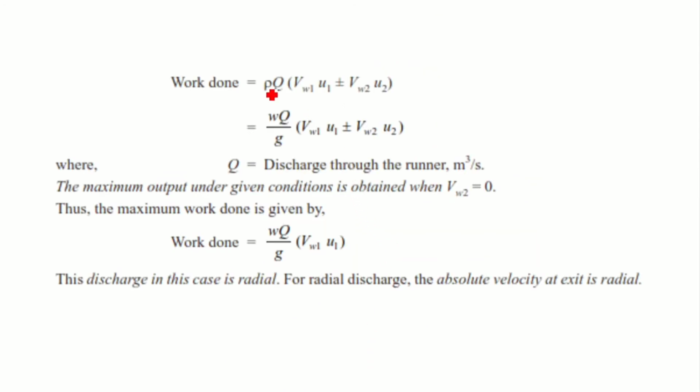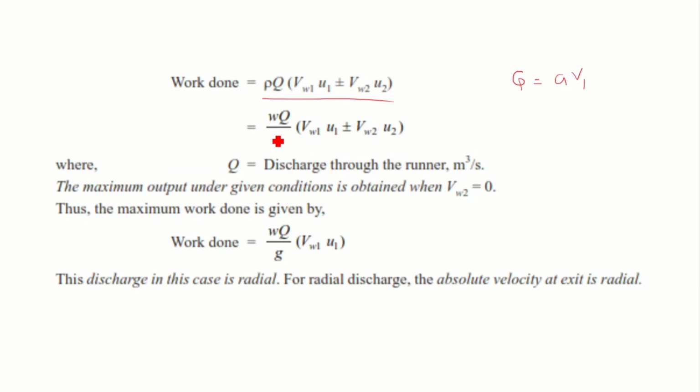So work done is equal to rho into Q into (VW1 U1 plus or minus VW2 U2), and Q is equal to A into V1. V1 is the absolute velocity of the jet or the water at the inlet.